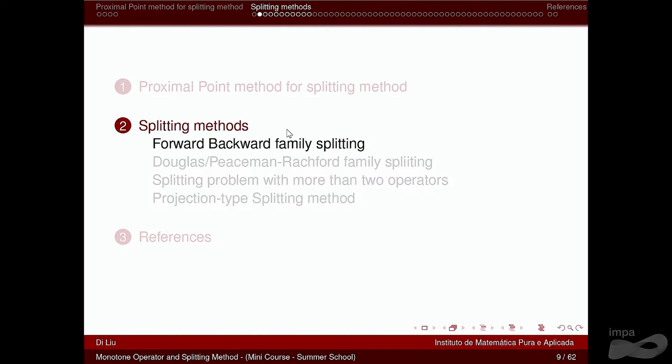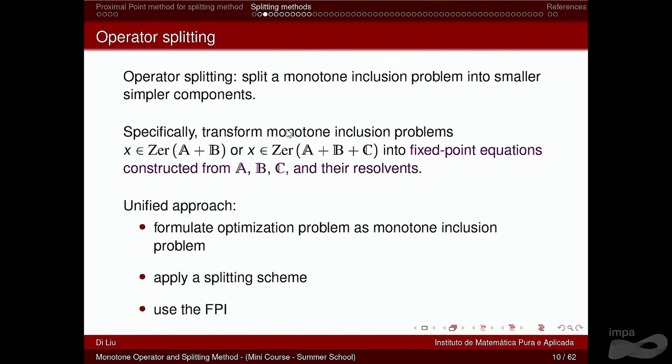So first, the idea of operator splitting is to split the inclusion problem into smaller or simpler compositions. We calculate the resolvents of A and B, not together. Especially, we transform the inclusion problem into a fixed point iteration or equation constructed by A, B, C and their resolvents.